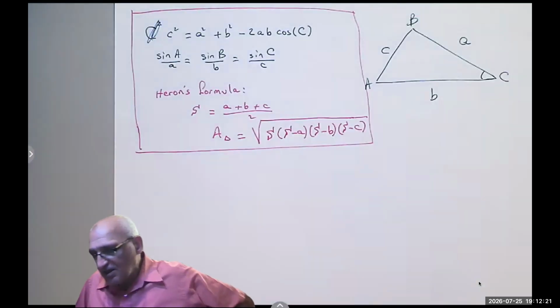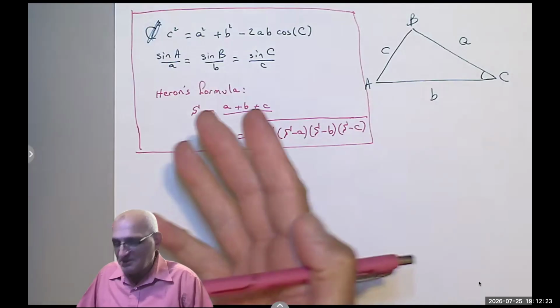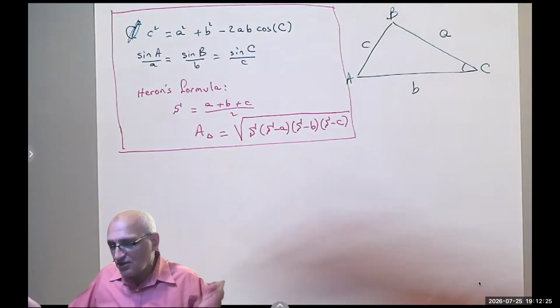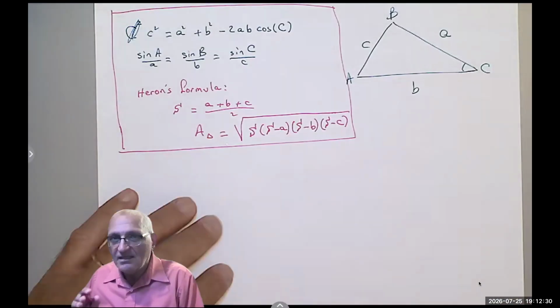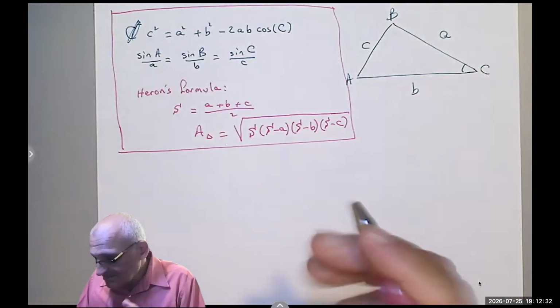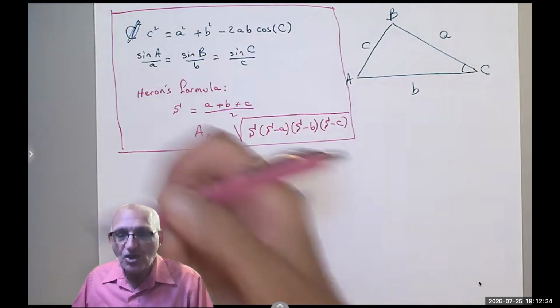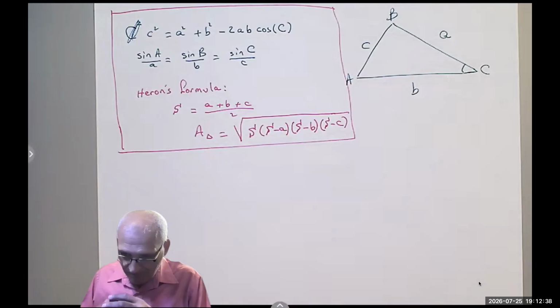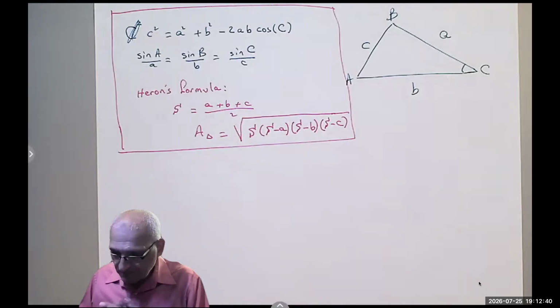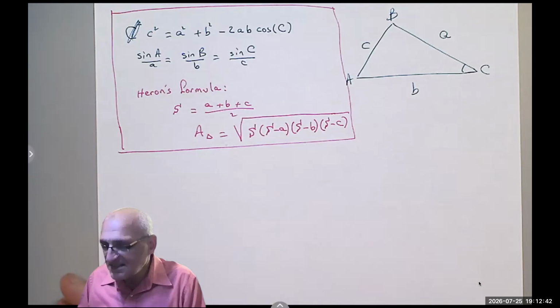Of course, you have to give me some information, because if you tell me, okay, I draw a triangle not to scale and I want you to find its area, well, I'm not a magician. But I'm talking about if you are given some information.